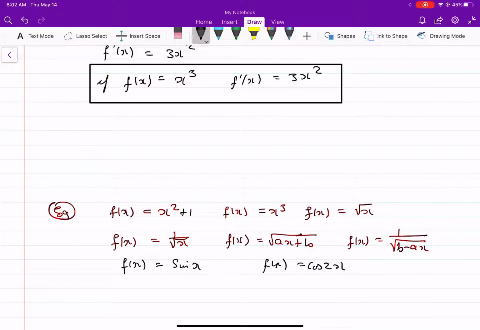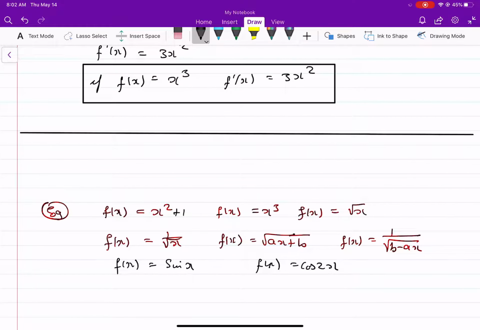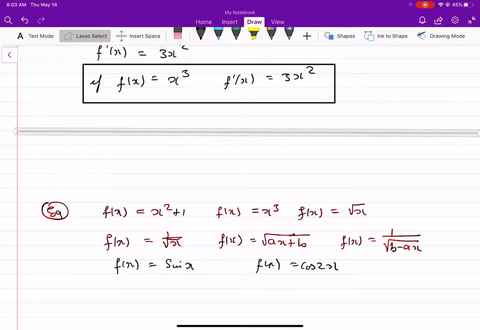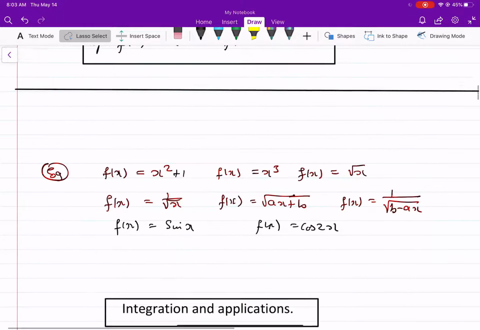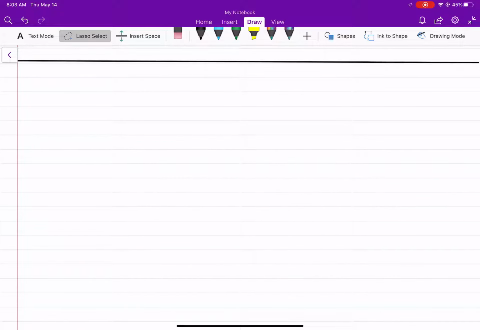Let's deal with root x. I'll leave some of these for you to do now. Yes. f of x is equal to the square root of x. f of x plus delta x is equal to the square root of x plus delta x.